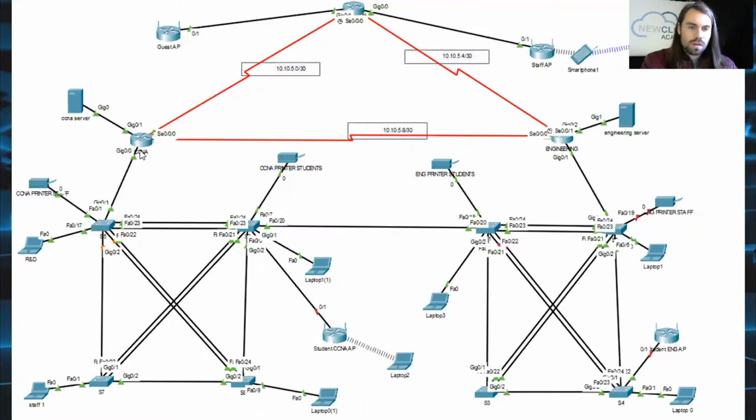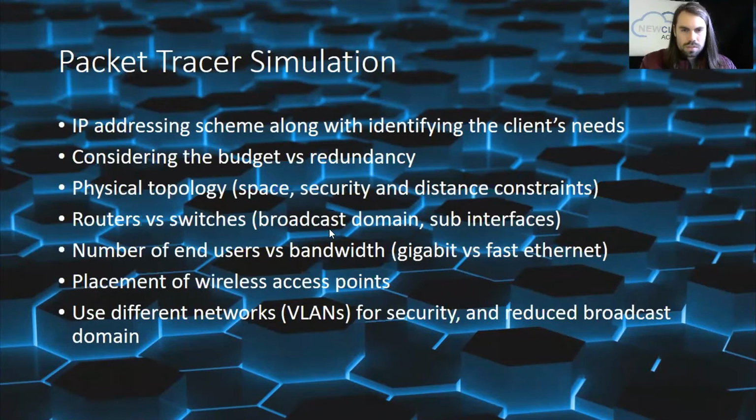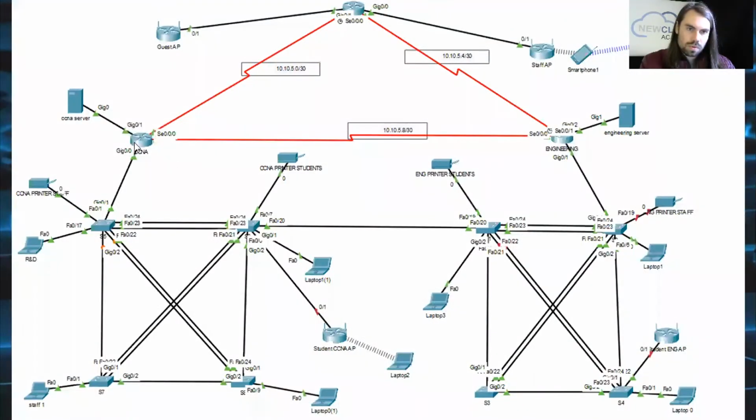Sub-interfaces are used on the downstream side of a router for VLAN trunks, which allow many different VLANs to communicate on that trunk. Routers versus switches: it would be beneficial to use a router to separate broadcast domains, where I've said sub-interfaces are used for VLAN trunking, whereas switches you would use for the access layer and to let end devices plug into, since the switch can't intelligently route IP packets to different networks like a router.